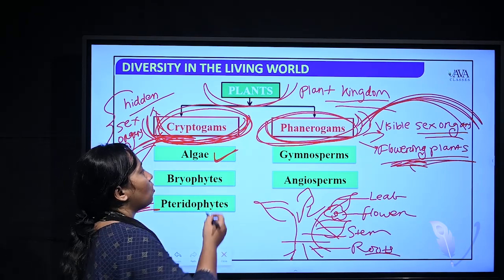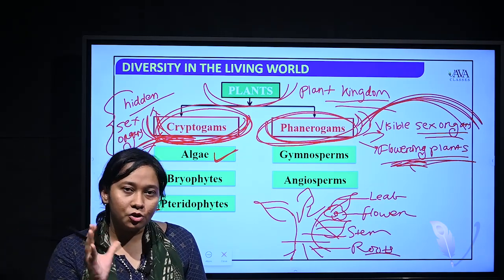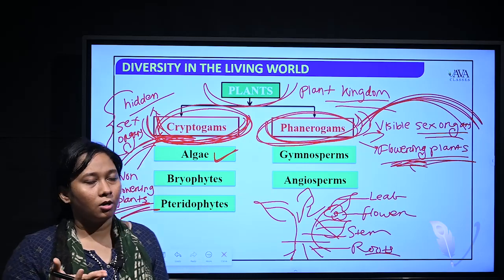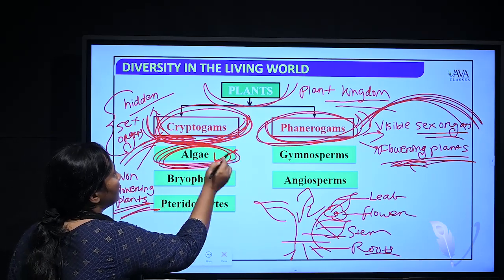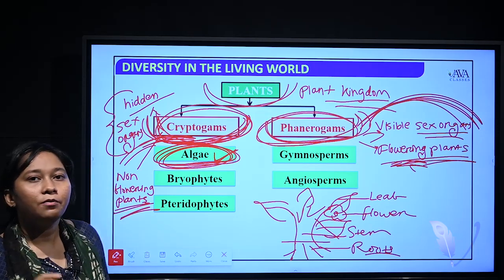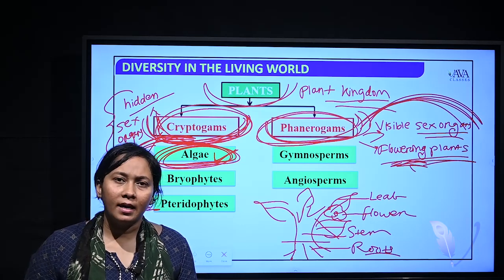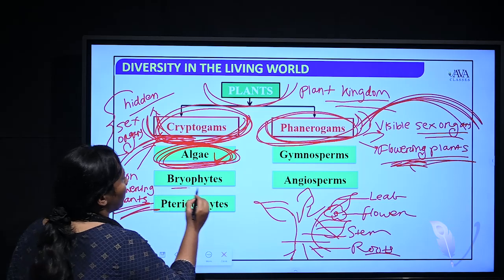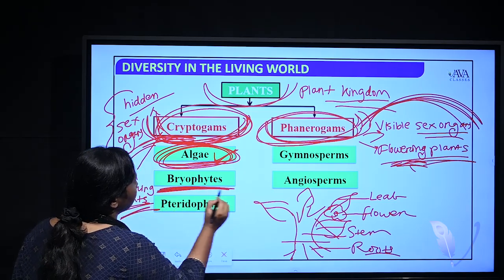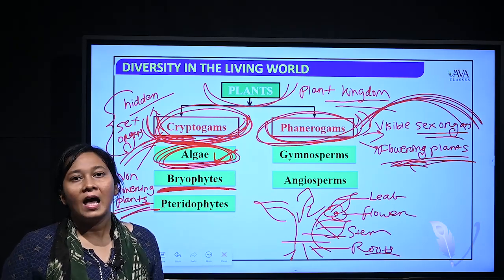That's why they are called thallophytes, and their structure is called a thallus-like structure, and they are called algae. In cryptogams, you will study algae, as well as another group, that is your bryophytes. It is a little bit more developed structure than the algae.